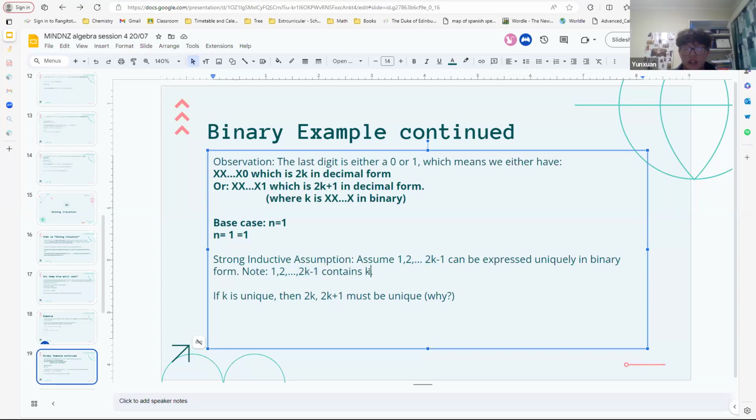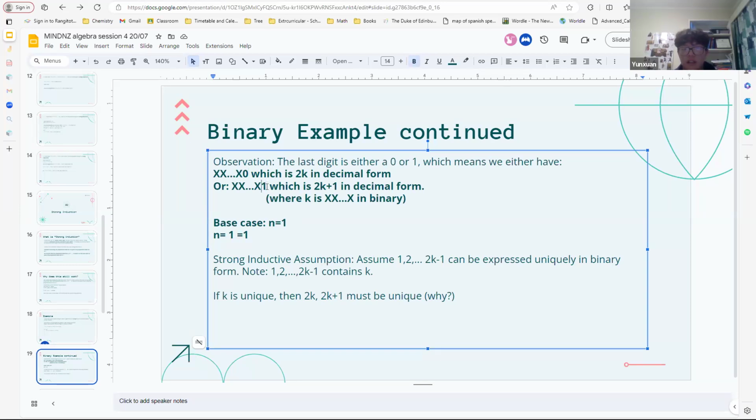That's why we use strong induction instead of just regular induction. And because it's part of our assumption, then it must be unique, right? And then 2k is just k followed by 0 in binary, and 2k plus 1 is just k followed by 1 in binary.